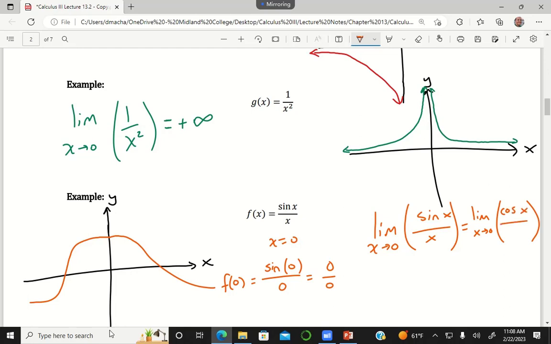The derivative of the denominator would be 1. And so the limit as x approaches 0 is now 1. And so while this function is not defined here at the point x equals 0, the limit is well defined. So in this case, I call it a removable discontinuity.